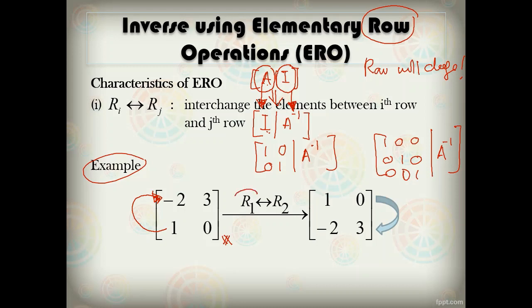Row 1 will change with row 2. So now row 1 will go down and row 2 will go up. So that is the first rule, what you can do when you apply ERO.